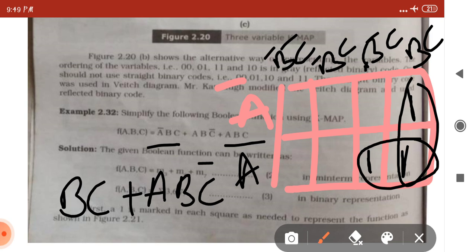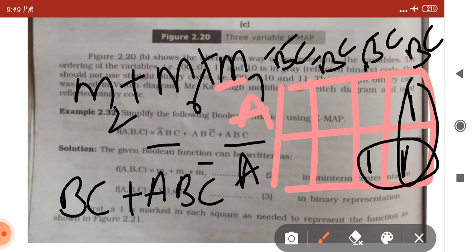This is M0, M1, M2, M3, M4, M5, M6 and M7. The sum of this is M2, M6, M7. We have to give F of ABC equals the numbers.